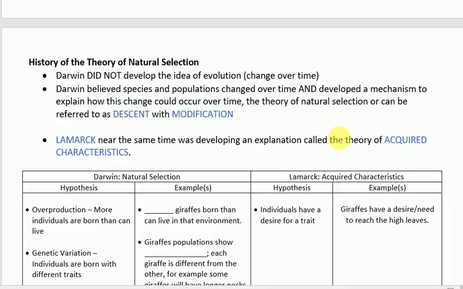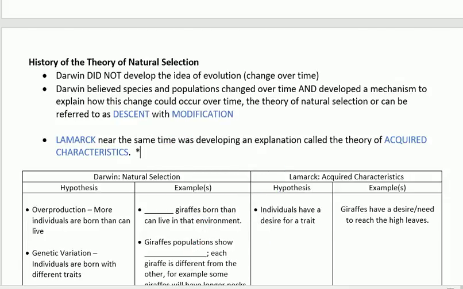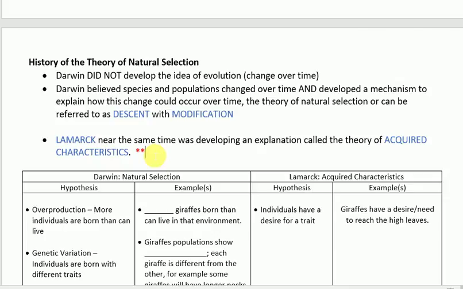It is important that you be familiar with this, but also that you note, let me put it here in red for you, that this is not accepted.